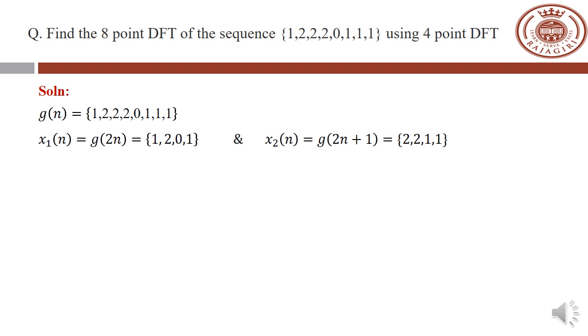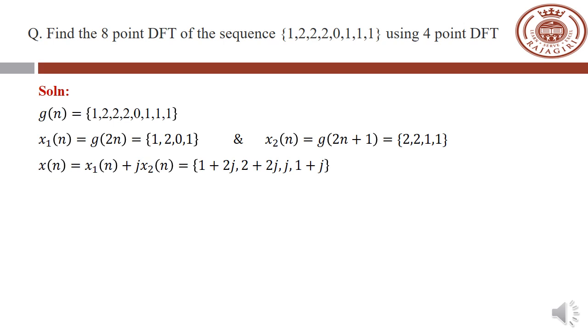Now, using x1 of n and x2 of n, we find a complex valued signal given by x1 of n plus j into x2 of n, and we have the sequence 1 plus 2j, 2 plus 2j, j, 1 plus j.